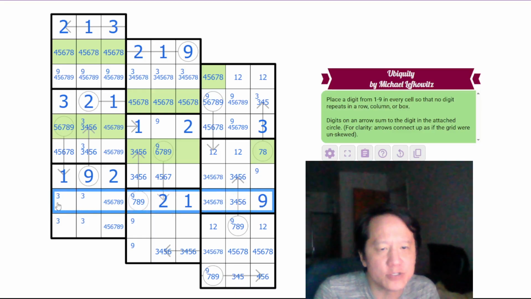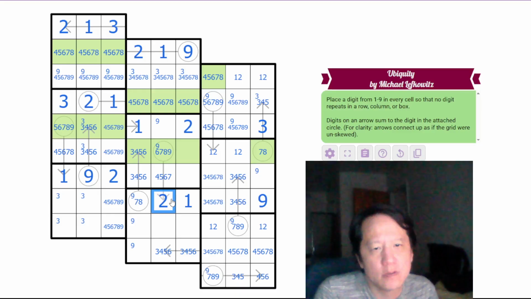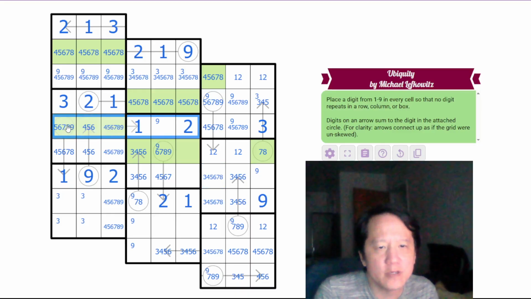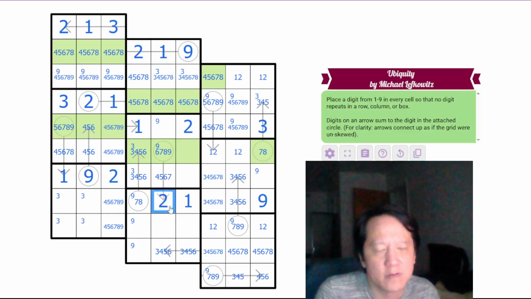I'm not really sure. This can't be 9 anymore. Oh, well, none of these could be 3. No 3 here. This is 7 or 8, so 3 has to be one of these 2, which means this can't be 3. So far, this is looking fine.